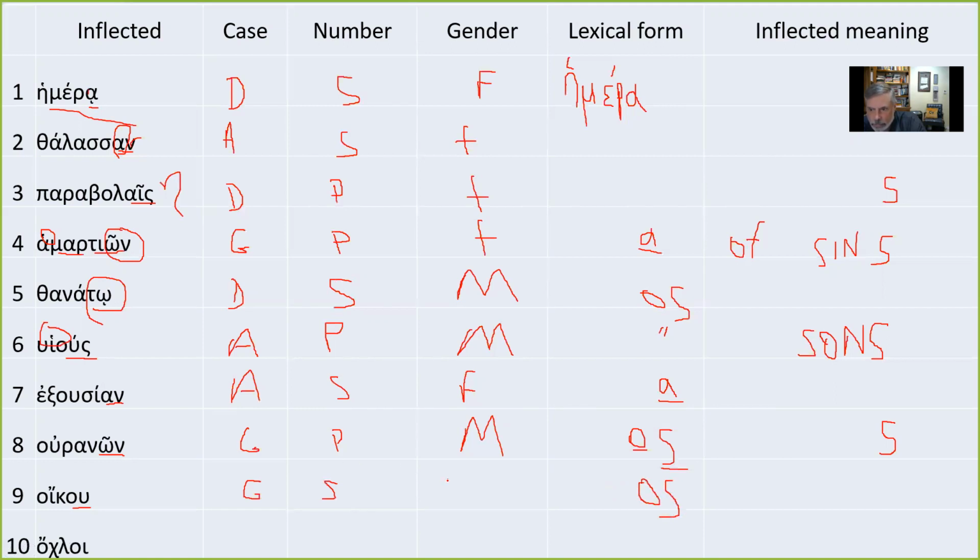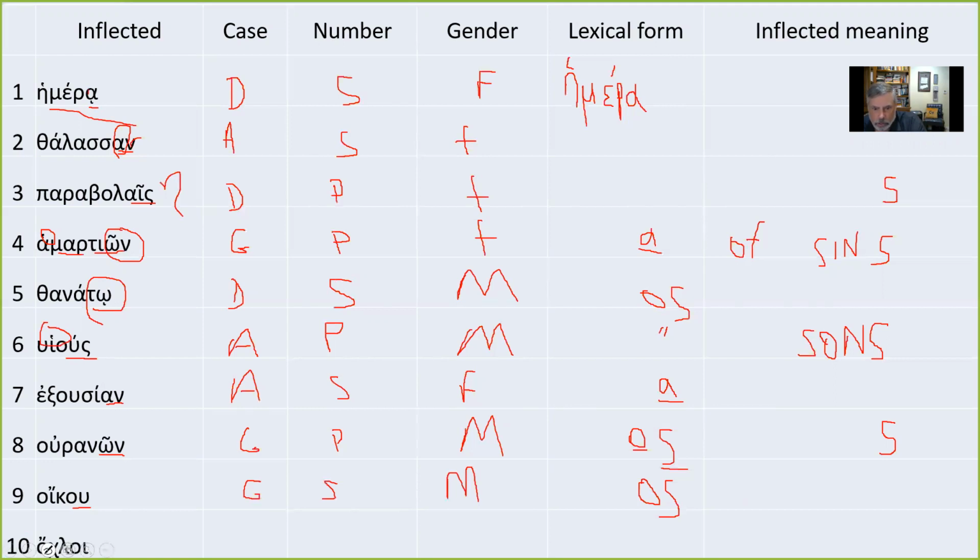That tells me it's masculine. So it is a second declension masculine singular word being used in the genitive, and it means house. Because it's in the genitive, it's going to be of a house or with or in a house. Any of those helping words would work.